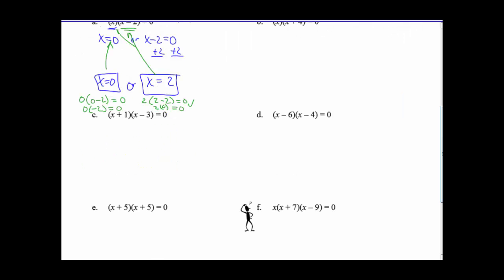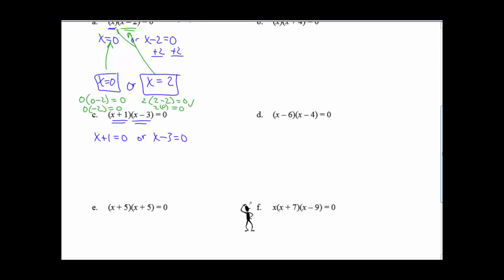Letter C. What if we have a binomial times a binomial? Again, they are the factors, and inside we have x plus 1 and x minus 3. What can we plug in to x plus 1 to make it 0? What could we plug in for x to make x minus 3 equal 0? The best thing to do is set x plus 1 equal to 0, or x minus 3 equals 0.